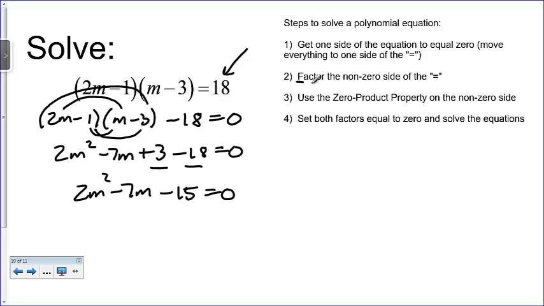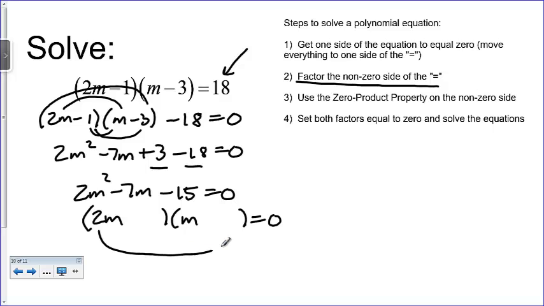So now we're ready for step 2. We want to factor the non-zero side. So 2 is prime, so it's got to be 2m and m. Looking for two numbers that multiply to give me negative 15. And then when we take the outside numbers and multiply them, take the inside numbers and multiply them, we're looking to get negative 7.